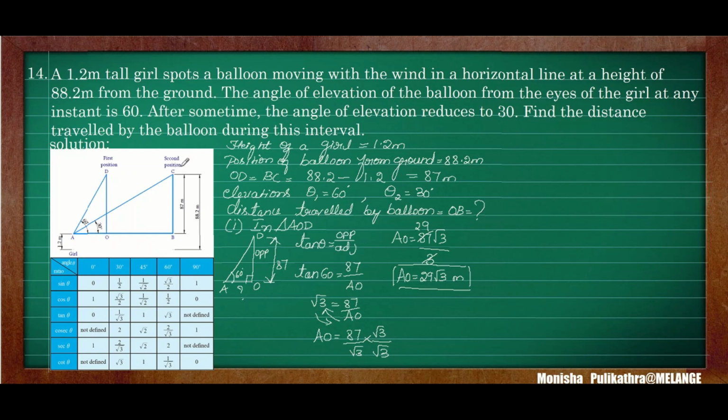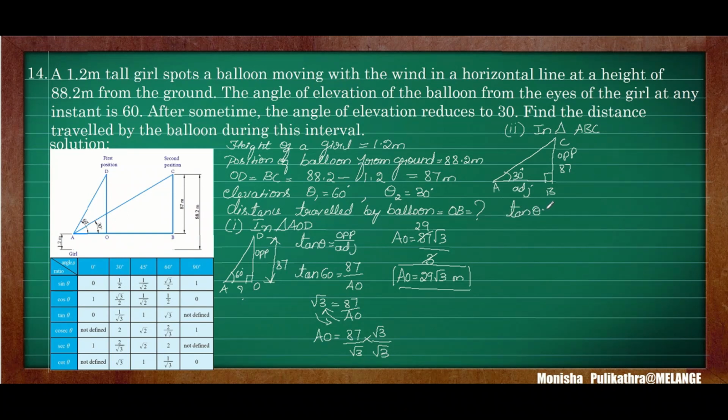So next we need to find out this triangle ABC. So the second triangle I will be taking is triangle ABC. ABC has an angle of 30 degrees. So this is A, B, which is 90, and C. Here the BC value is 87, which will be the opposite side, and AB is the adjacent side. Again I'll be taking tan theta for this.